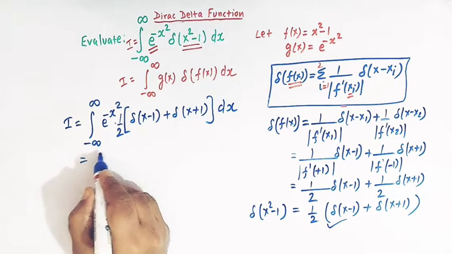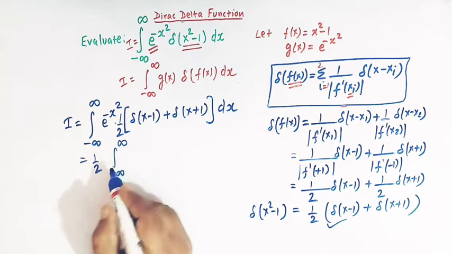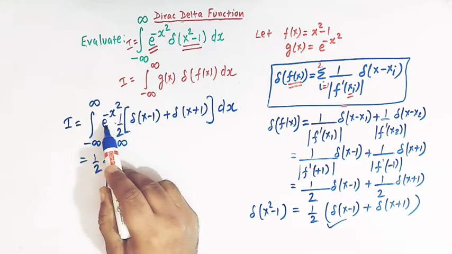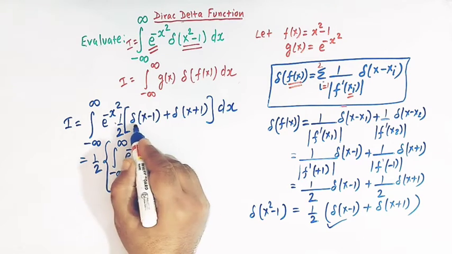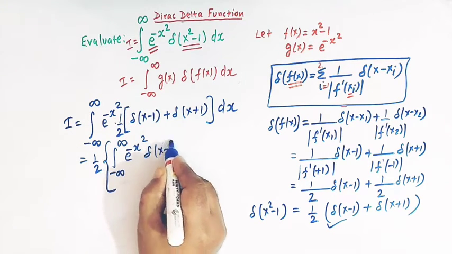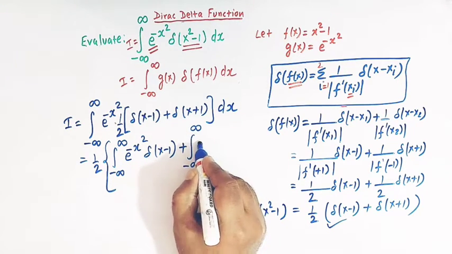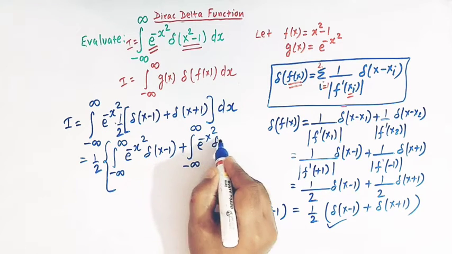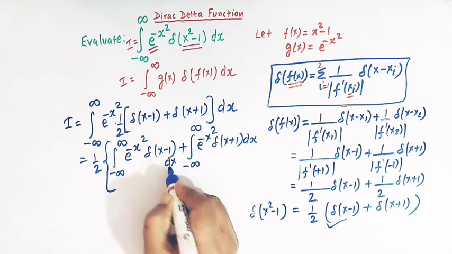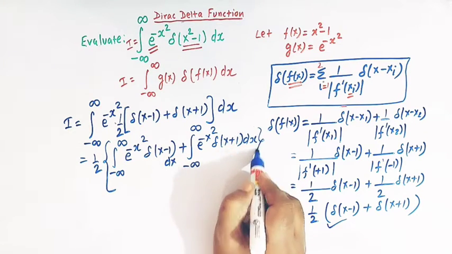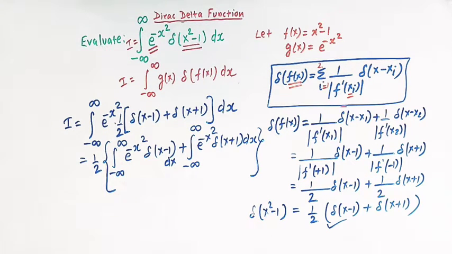Now taking half outside the integral, we have half, then minus infinity to infinity, and we can write here two integrals. The first one is e raised to minus x square delta of x minus 1 dx, plus the integral from minus infinity to infinity of e raised to minus x square and delta of x plus 1 dx. And now we have to find the values of these two integrals.